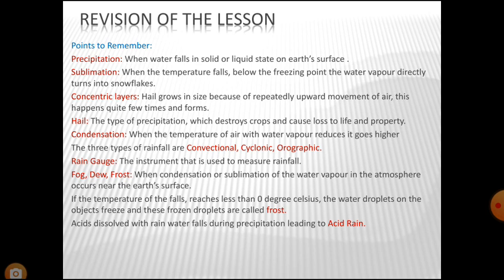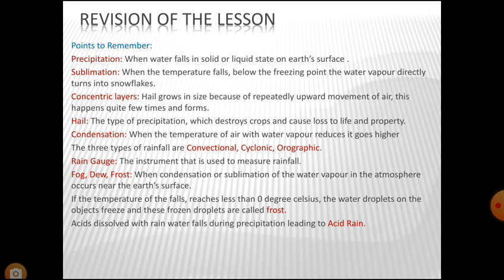Now what is condensation? When the temperature of air with water vapor reduces, it goes higher. The three types of rainfall are convectional, cyclonic, orographic. Now rain gauge means the instrument that is used to measure rainfall. Fog, dew, frost occur when condensation or sublimation of the water vapor in the atmosphere happens near the earth's surface.